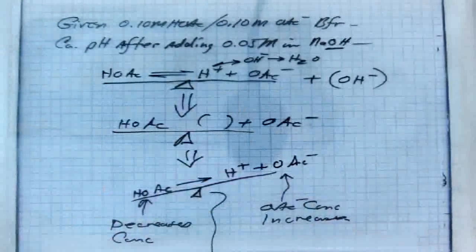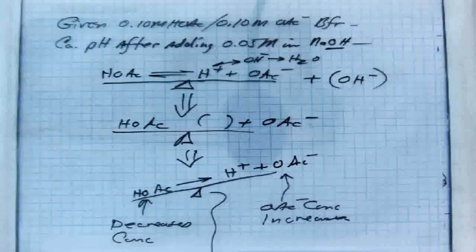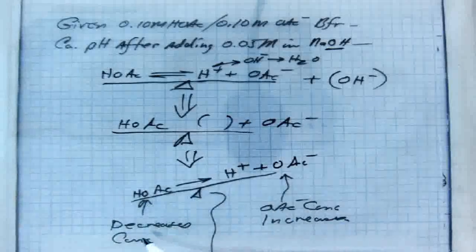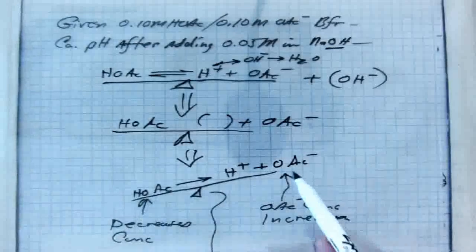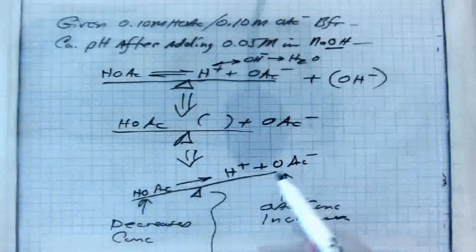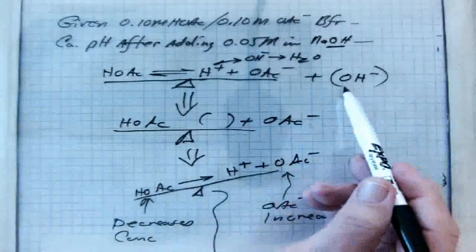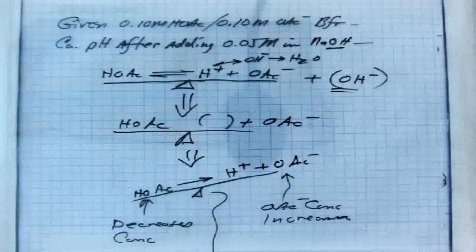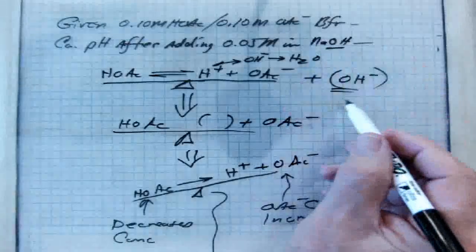So we now have a 1.2 times 10 to the minus 5 molar concentration of the hydronium ion. To start, remember, we had 1.8 times 10 to the minus 5 molar in hydronium ion concentration.